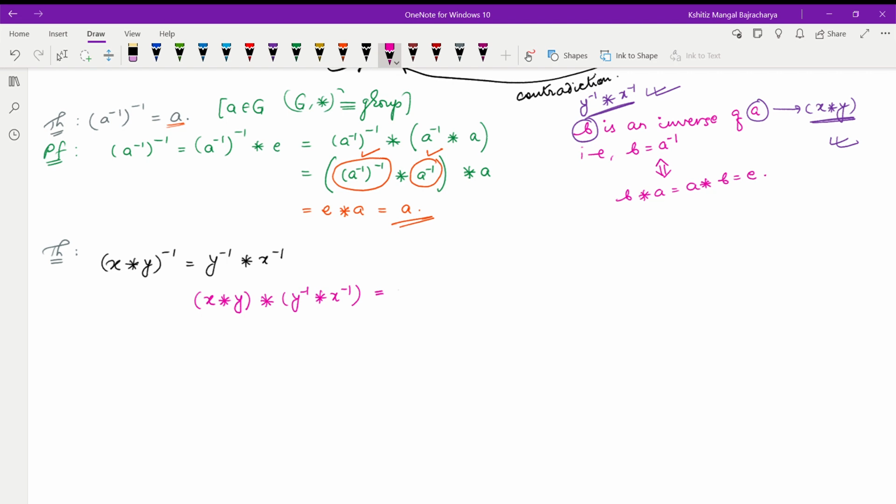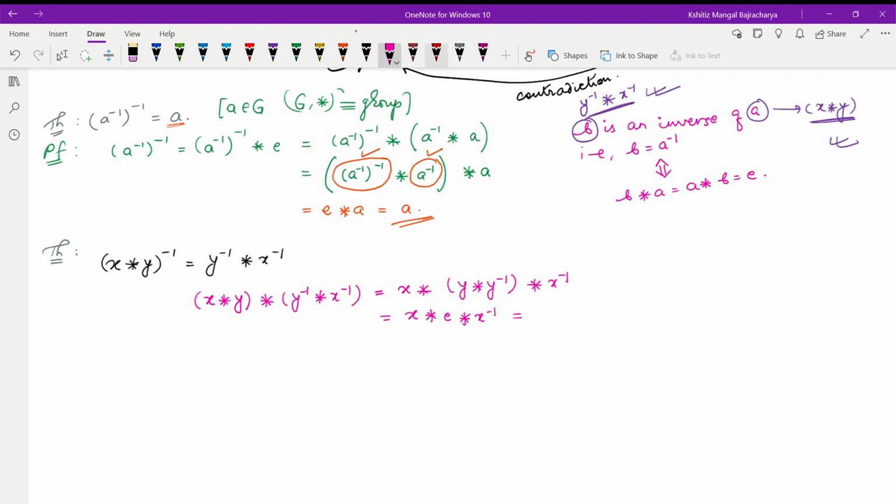Okay, since we have associativity, we can put the parentheses wherever we want, like this, star x inverse. Now this means this is the identity element times x inverse. We can add or remove the parentheses however we want, since we have associativity.